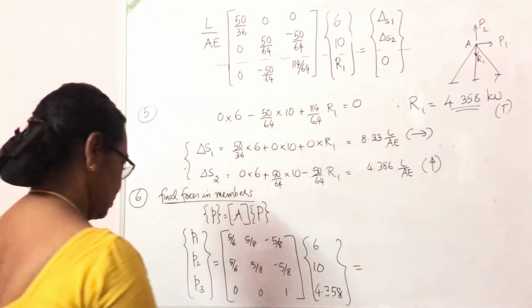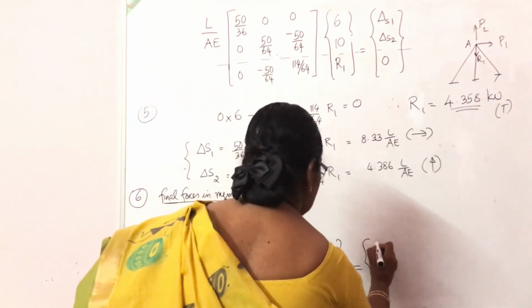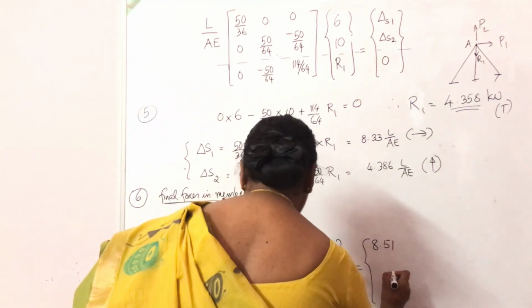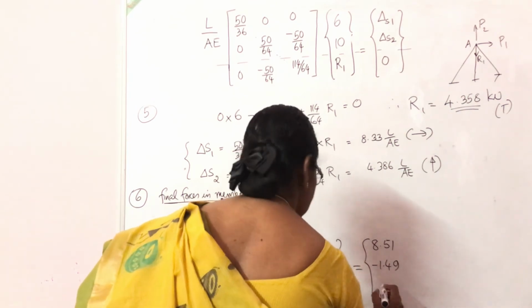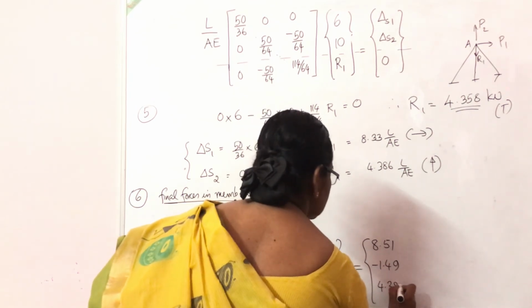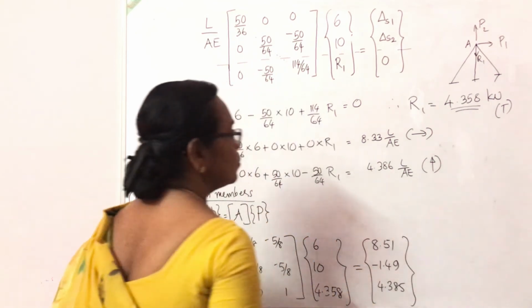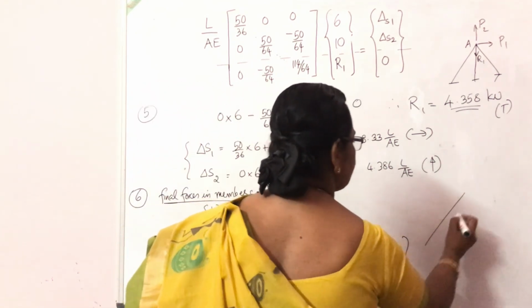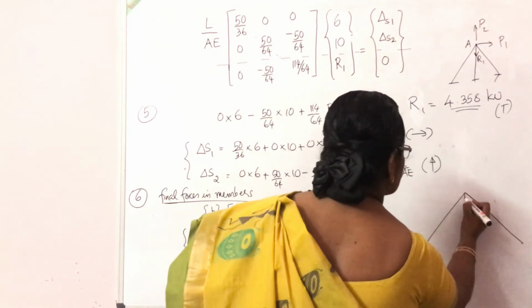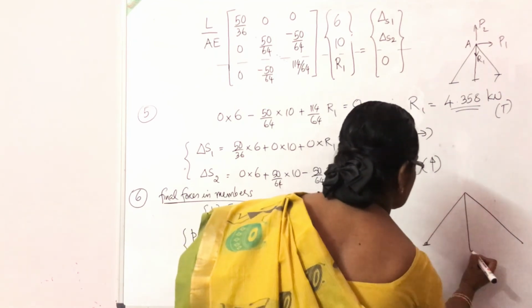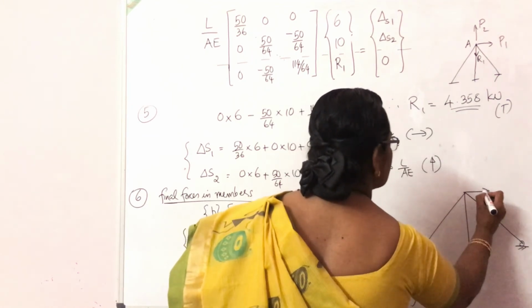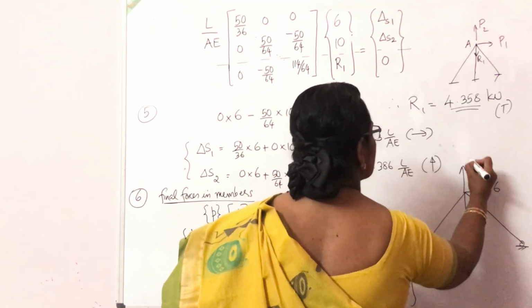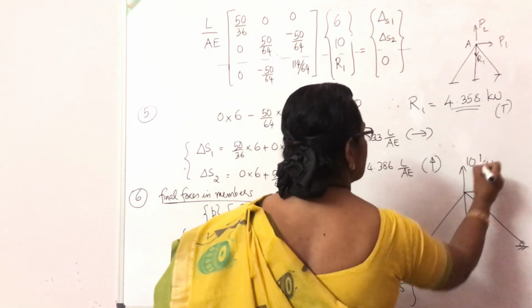We will get 8.51, minus 1.49, 4.385. So I can mark it in the original structure. This is the original structure having joint loads of 6 and 10 kilonewton.